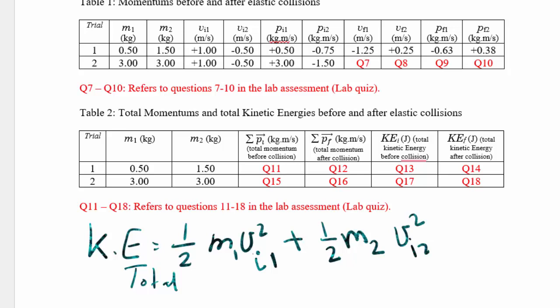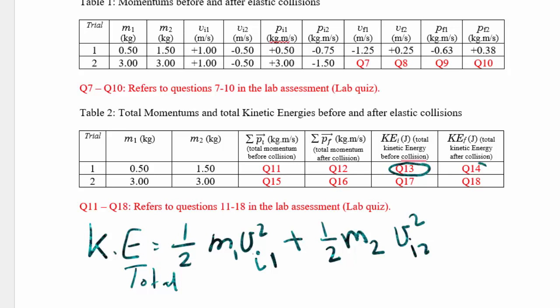And then you'll add the value that you will get to 1/2 the mass of the second object, which is 1.5 kilogram, times its initial velocity, which is negative 0.5, and you have to square the negative 0.5. And this is for trial number 1. So the values will come from trial number 1. This will give you the total kinetic energy before collision.